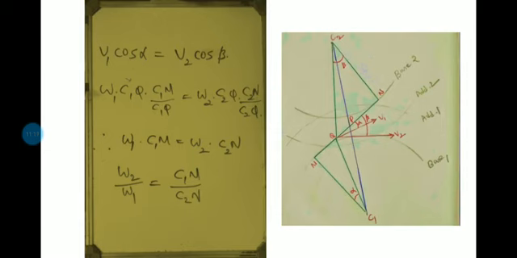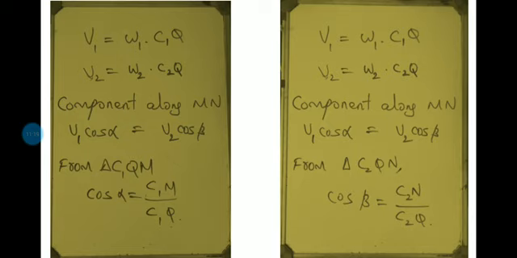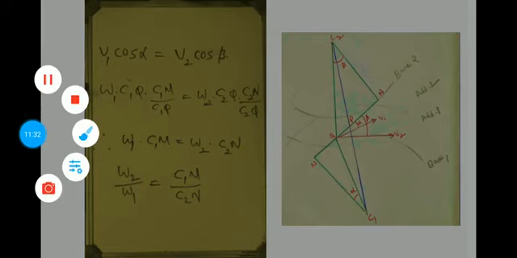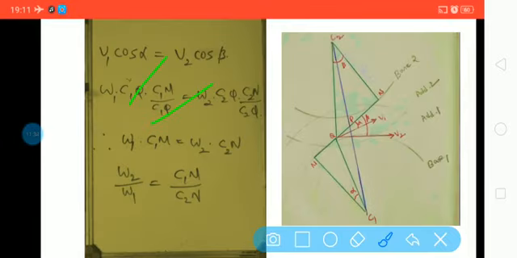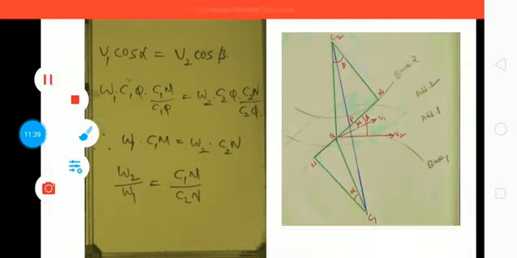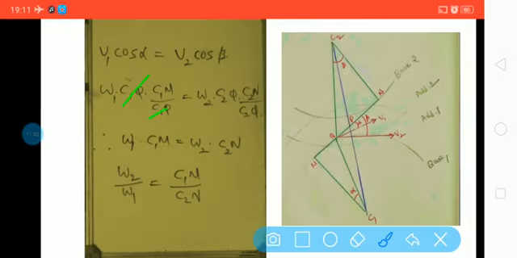V1 is omega 1 into C1Q, and cos alpha is C1M by C1Q. So you will get this expression. C1Q and C2Q will get cancelled on both sides. So the equation will be omega 1 into MC1 equals omega 2 into MC2.